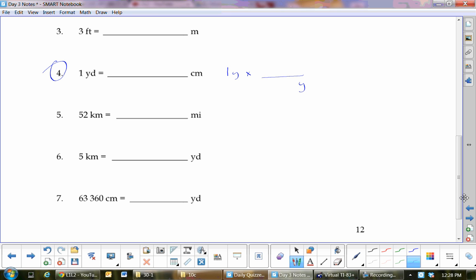Do we have anything to the yard meters? So that's where I would go. Why would I start going there instead of dealing with feet? Because I got to get metric sooner or later, right? If you do the feet and yards, I'm still staying imperial. Now, will you get there eventually? Yes. Are there many ways to do this? Yes. Okay. So I'm putting yards there. I will put meters up top.